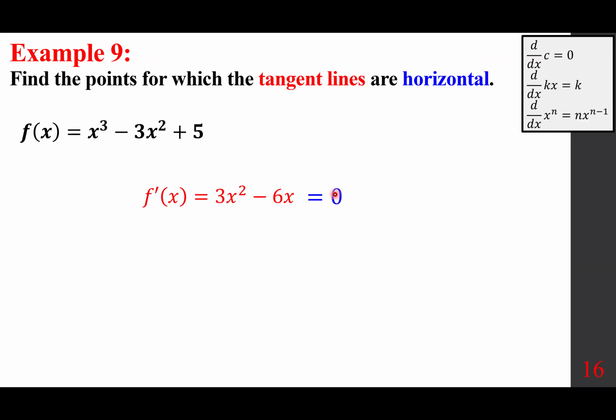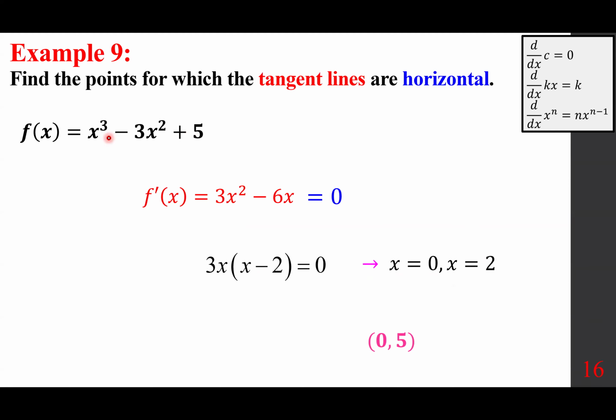To solve this, obviously, we're going to factor the common factor of 3x out. So x is either 0 or 2. And it's important to understand the meaning of it. Those represent two different points. So if I put the 0 here, obviously I get 5. So 0, comma 5. That's very straightforward.